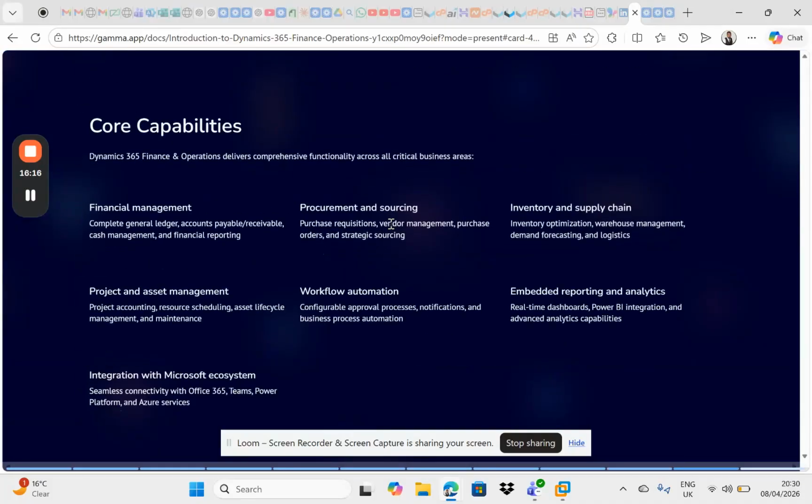And now, what are the capabilities of Dynamics 365? What can Dynamics 365 do for you? You have financial management: your general ledger, accounts payable, accounts receivable, cash and bank, and financial reporting. It has that capability where you can manage your finances.